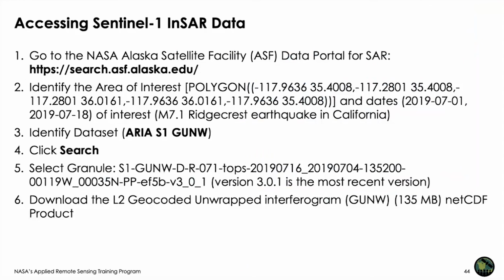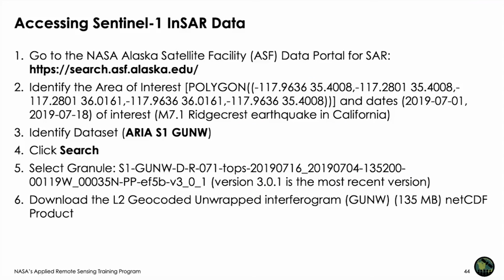We're going to be using the ARIA S1 GUNW files. Those are searchable from the Alaska Satellite Facility data portal, search.asf.alaska.edu. This polygon here is the polygon for an area of an earthquake, the magnitude 7.1 earthquake that happened in July 2019.